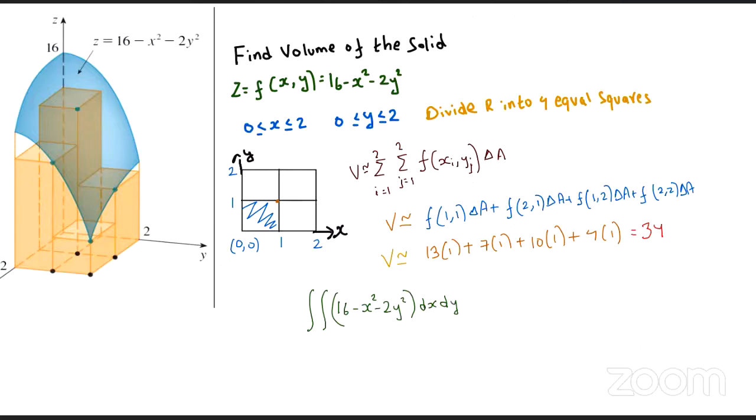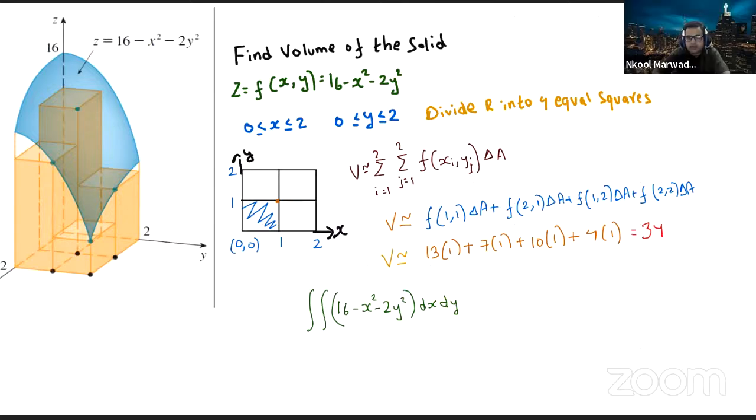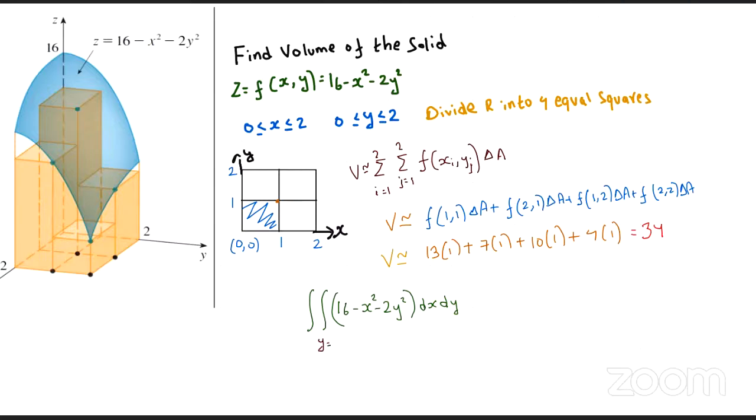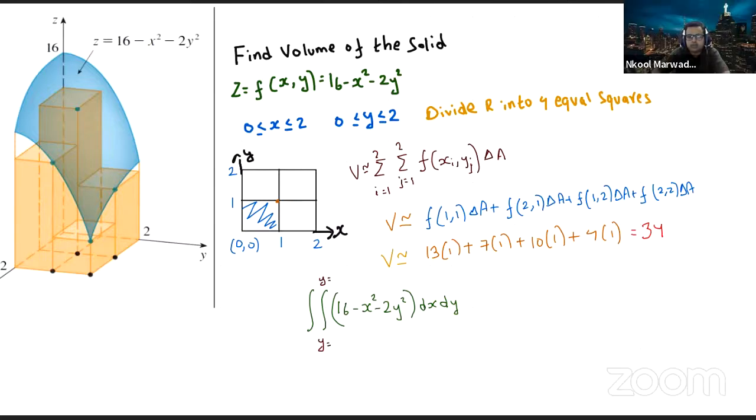But you have to be careful that if you are doing dx first, then here you have to take the integrals of y, and here you have to take the integrals of x. Here both are the same, so it will not make any difference, but it's a very important consideration.